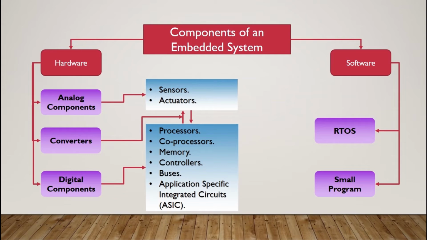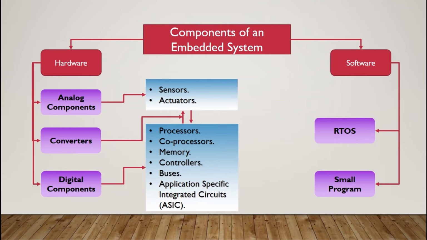Then comes the converters. Converters are the middle part, or we can say a bridge, between analog components and digital components. Because a processor or a controller understands the language in digital form, therefore it has to be converted in ones or zeros. So the converters convert analog signals to digital signals, and vice versa.